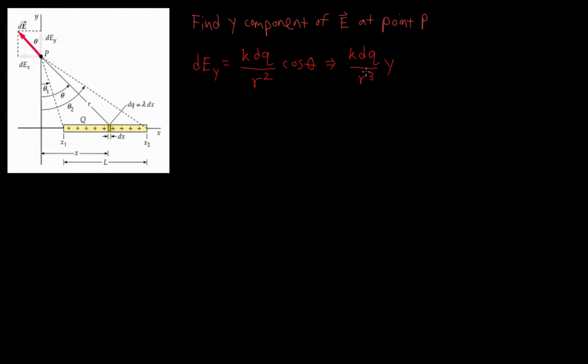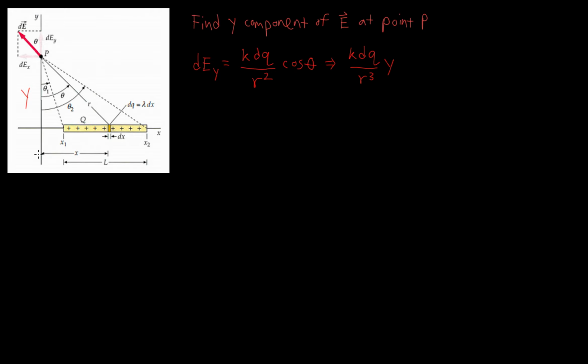And so the next thing that we need to define in this equation here is the variable r. And so note that the variable r is just the distance from point P all the way to this small element dx. So we just need to come up with an alternative expression for r in terms of x and y.